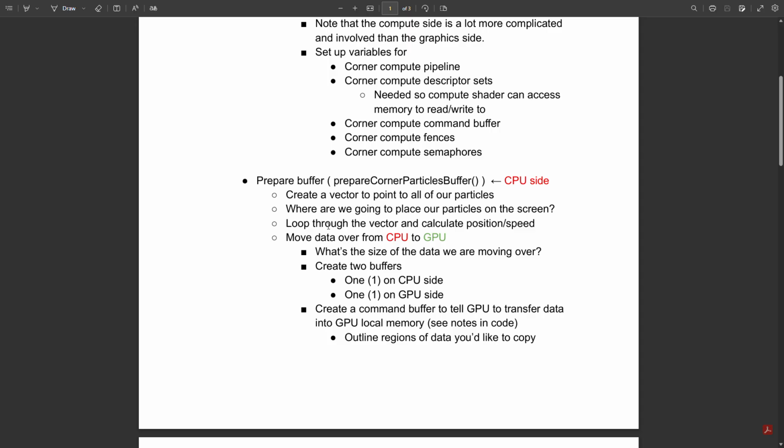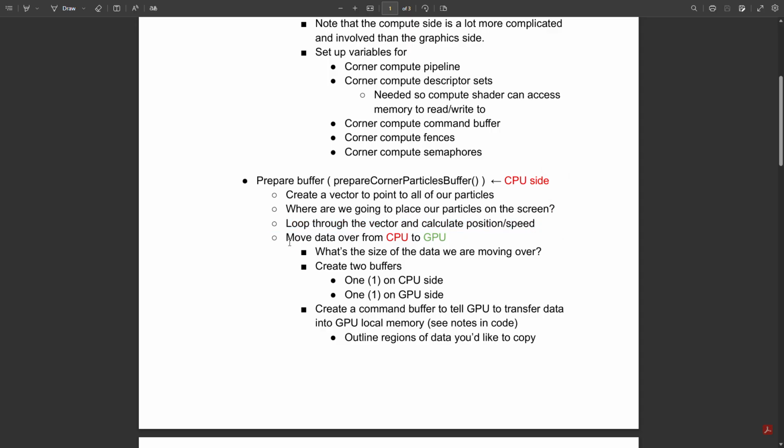Loop through the vector and calculate position and speed. Then move data over from CPU to GPU. This we'll have to investigate further a little bit later, right?